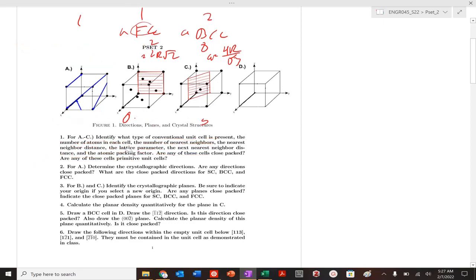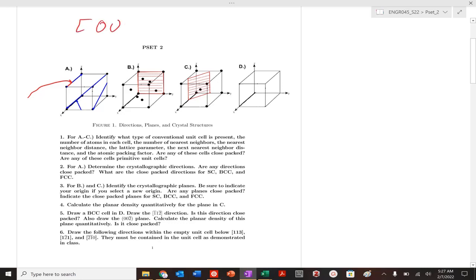So let's determine the crystallographic directions in A. If I look at this atom here, for example, my finish is 0, 0, 1. My start is 1, 0, 1. So that leaves me with -1, 0, 0.